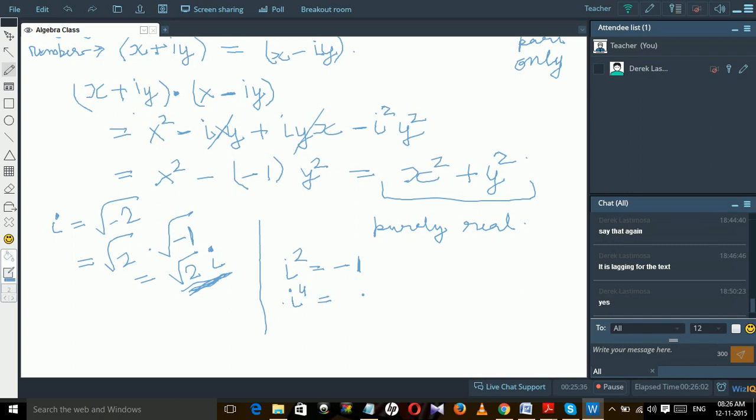What is iota cube? Or say iota power 4. What is iota power 4? Minus 1 square, or you can just remember it as 1. So iota to the power 4 gives you 1. In the same context, can you tell me what is iota to the power 100?